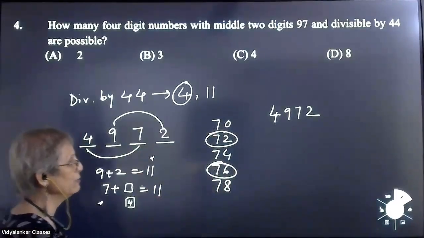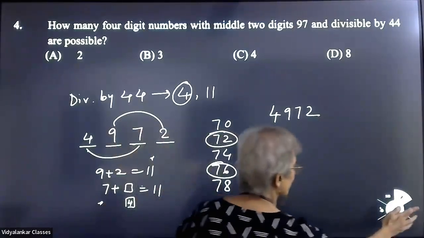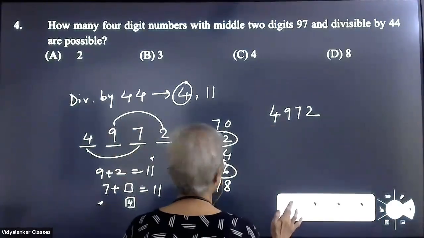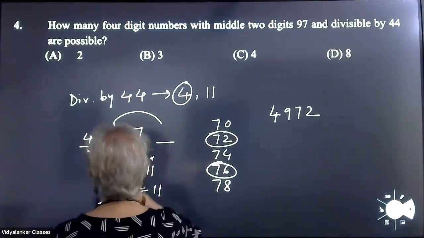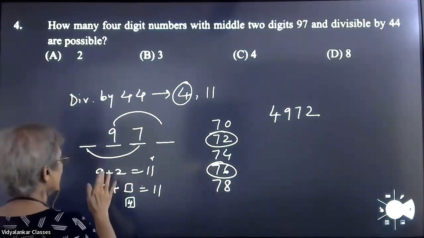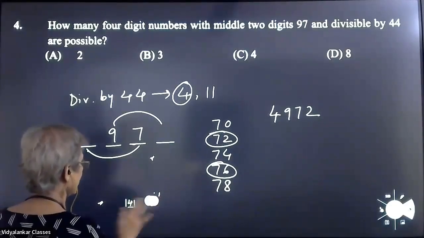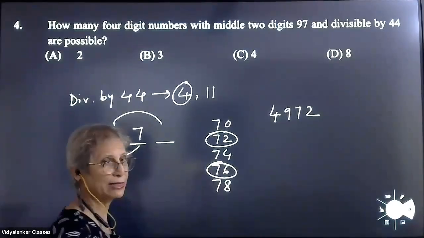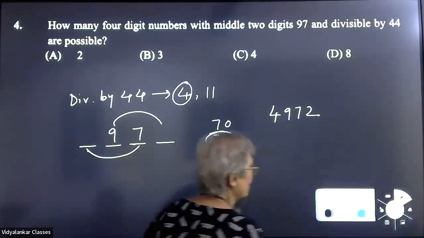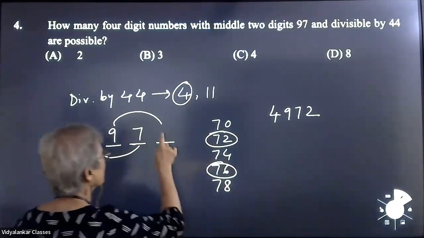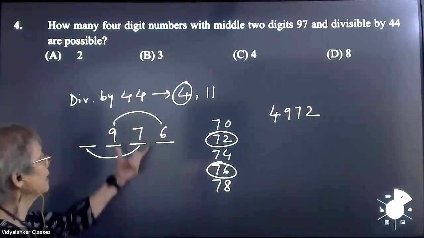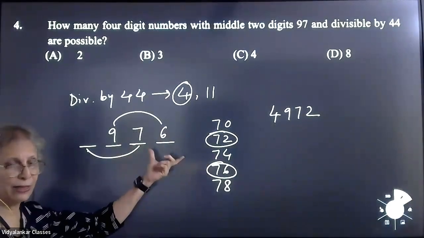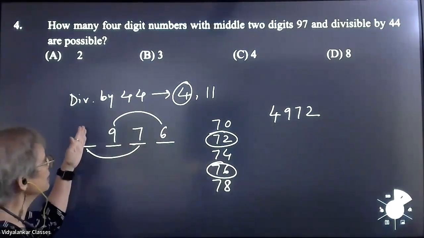Okay, now if we take 6 at this place, because 76 is divisible, so I will write 6 over here. Now the last two digits 76 are divisible, and therefore we have to find this digit.